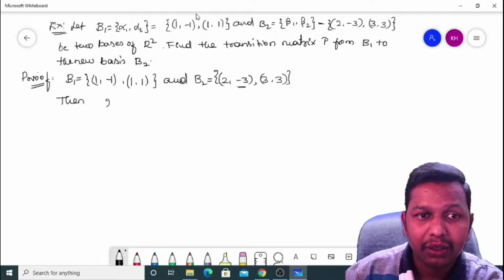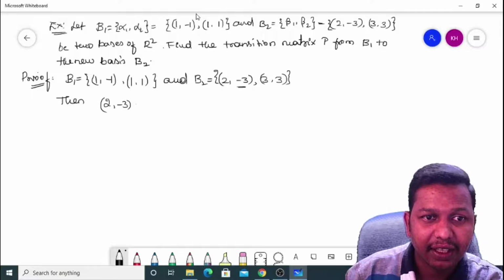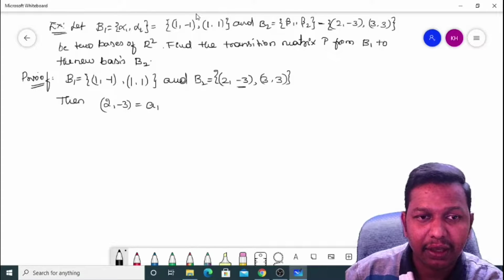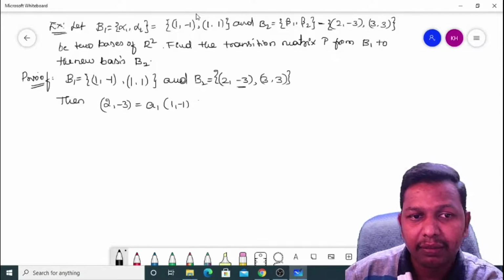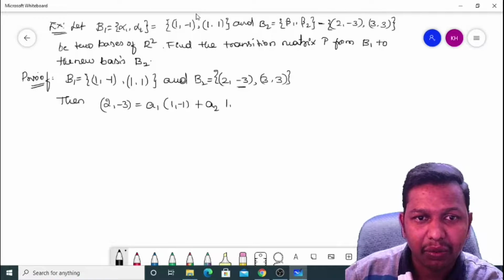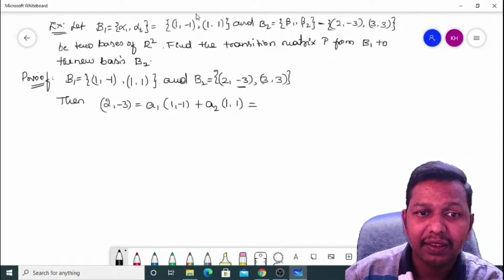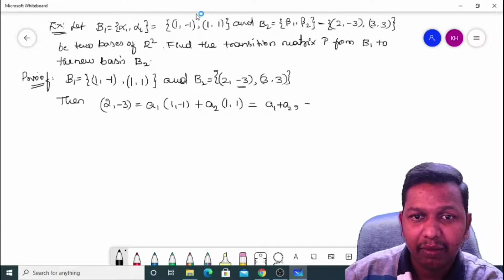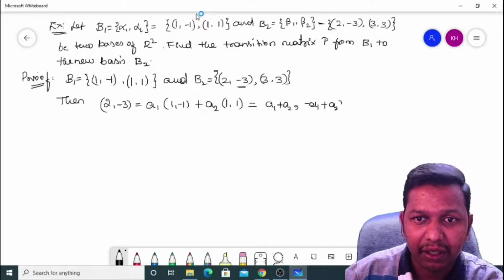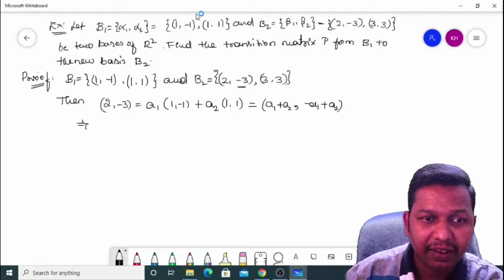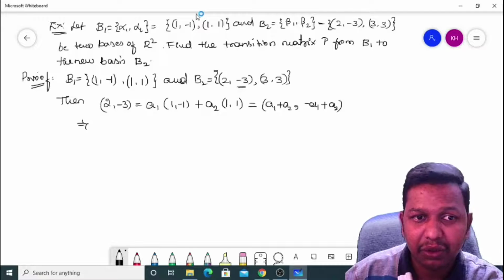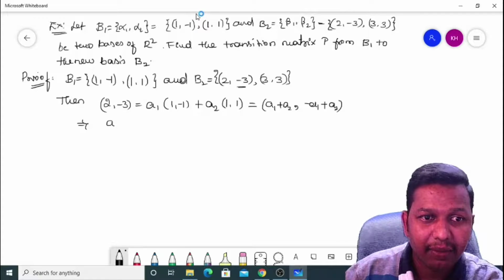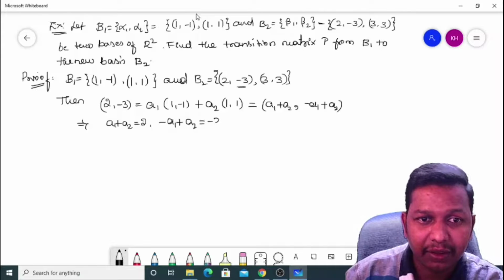Therefore I take (2, minus 3) equals A1 into (1, minus 1) plus A2 into (1, 1), which equals (A1 plus A2, minus A1 plus A2), which implies that we have a system of two equations, that is A1 plus A2 equals 2 and minus A1 plus A2 equals minus 3.